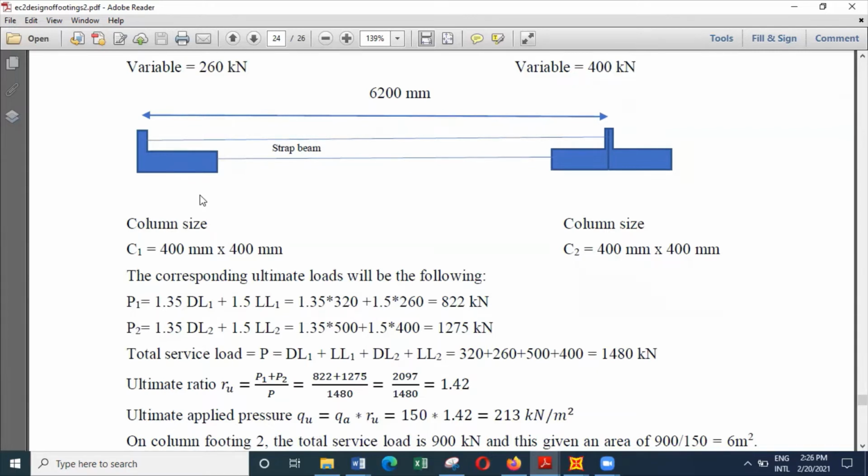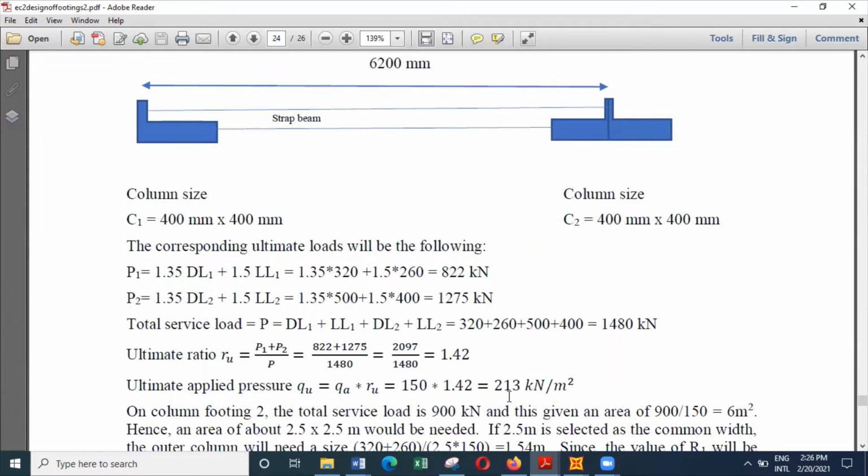And after allowing for the weight of the base, we actually went with 150. And once you multiply 150 by the ratio between the ultimate loads and the service loads, you can find the ultimate pressure we can expect under the foundation. So we can expect an ultimate pressure of about 213 kilonewtons per meter squared that will act from below.